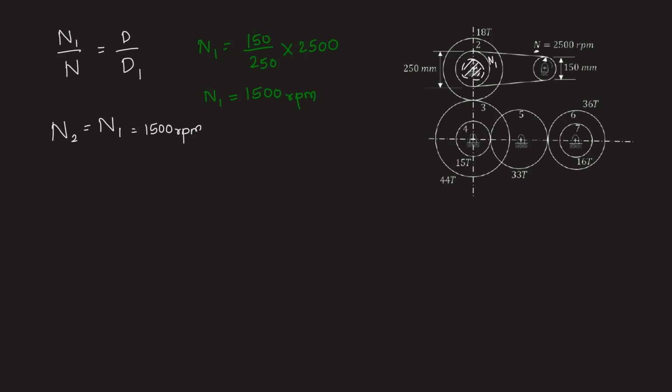So starting with second gear and third gear, we have N2 by N3 equal to minus T3 by T2, because these are externally meshed gears. We also have N3 equal to N4, because these two gears are mounted on the same shaft. Therefore their speed is equal.